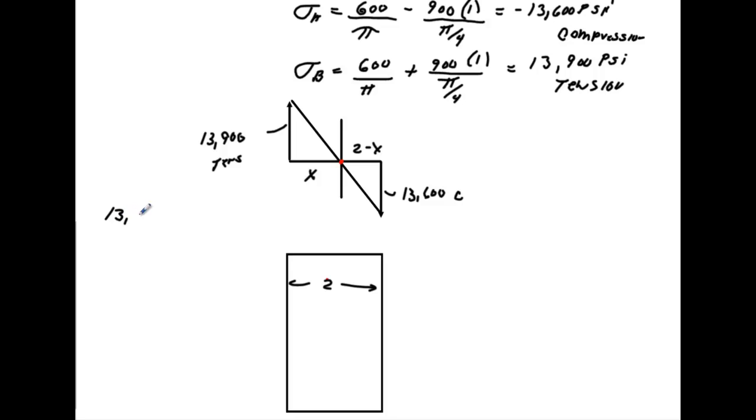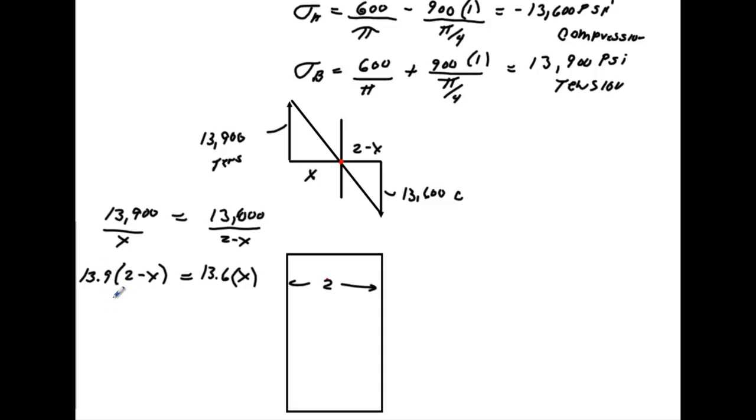So we can say 13,900 over x is equal to 13,600 over 2 minus x. Cross multiply. We'll just make that 13.9 to save some time. 13.9 times 2 minus x is equal to 13.6 times x.